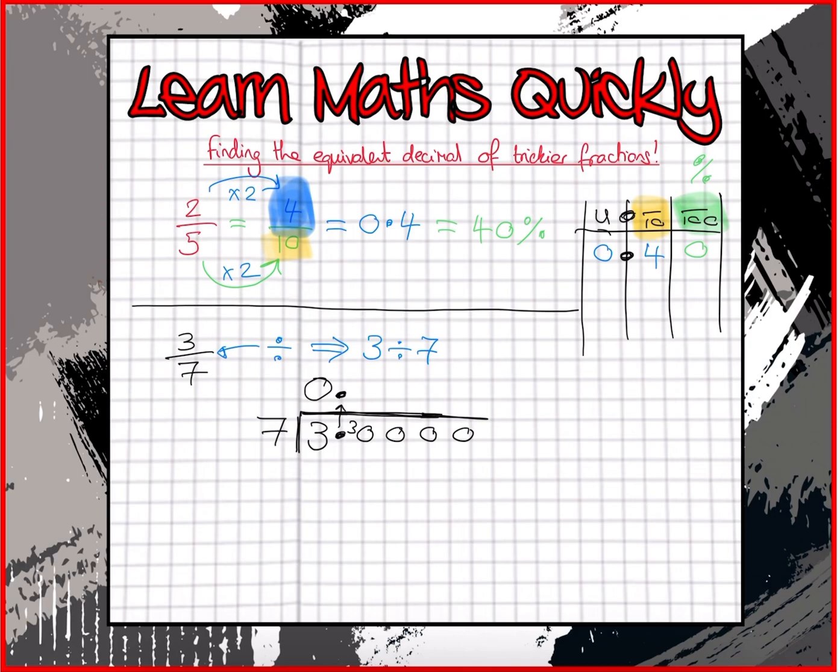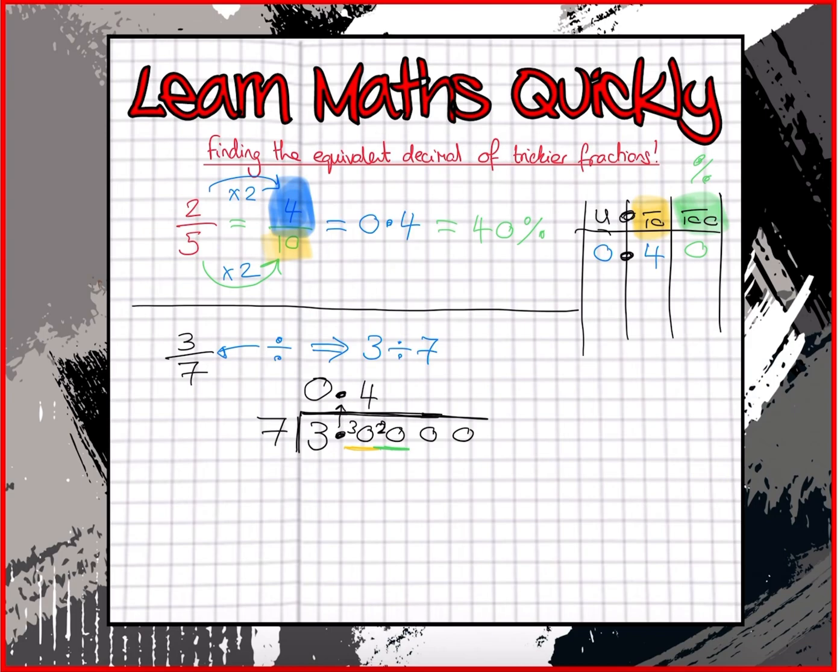So our new question is, how many 7s go into 30? So if we count up in our 7s, we know that 7 times 4 is 28, leaving us with 2 left over to get to 30. So that 2 left over goes here before the 0. So now our new question is, how many 7s go into 20?